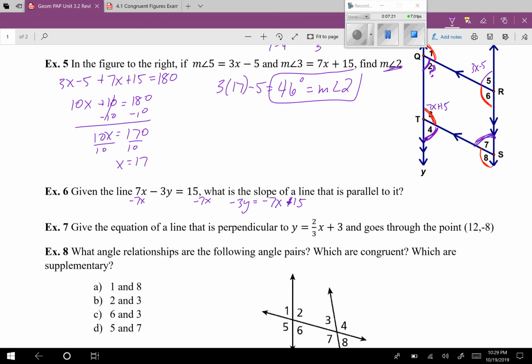Okay, and then now we divide by negative 3. So these cancel out, so we just get y equals, and then a negative 7 divided by a negative 3 is just going to be a positive 7/3.